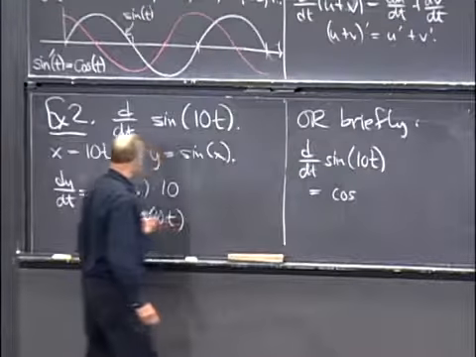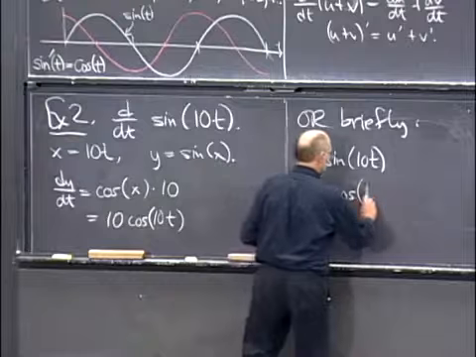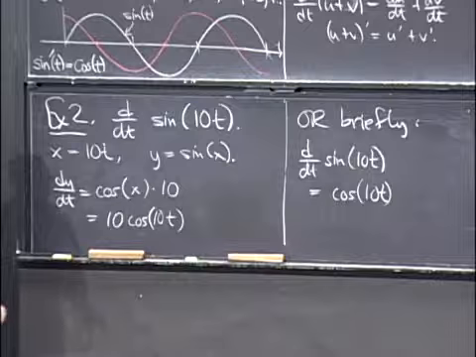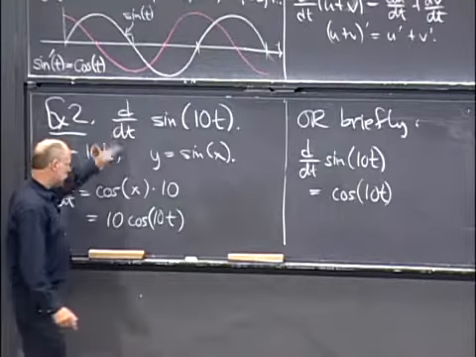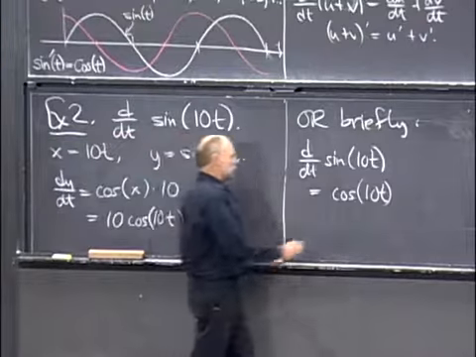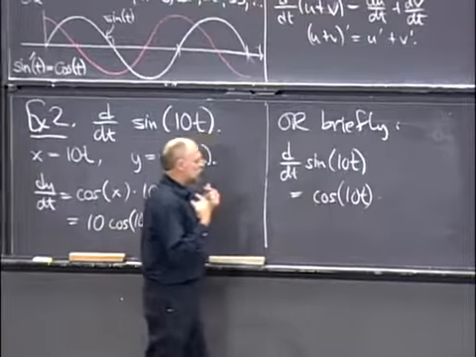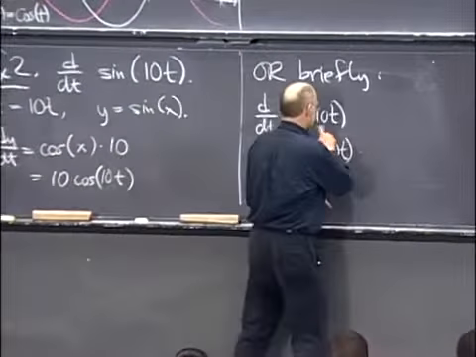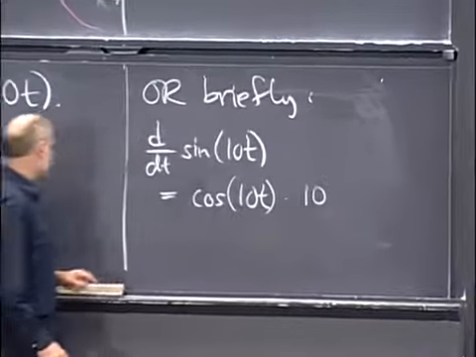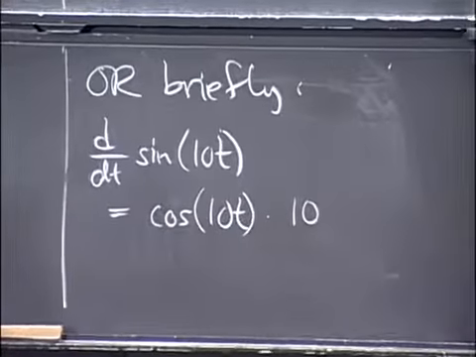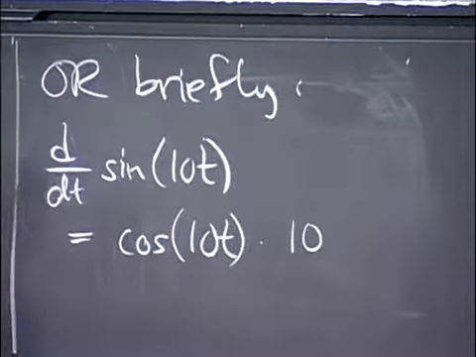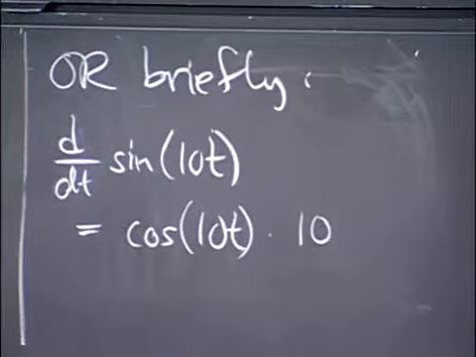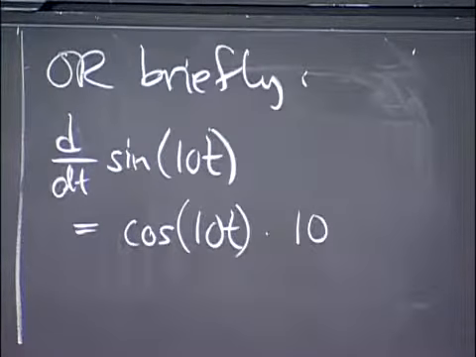It's still x that I'm plugging into it. x is 10t, so let's just write 10t and not worry about the name of that extra variable. If it confuses you, introduce the new variable and do it carefully and slowly like this. But quite quickly, I think you'll get to be able to keep that step in your mind. I'm not quite done yet. I haven't differentiated the inside function. The derivative of 10t is 10. So you get, again, the same result. A little shortcut that you'll get used to. Really and truly, once you have the chain rule, the world is yours to conquer. It puts you in a very, very powerful position.